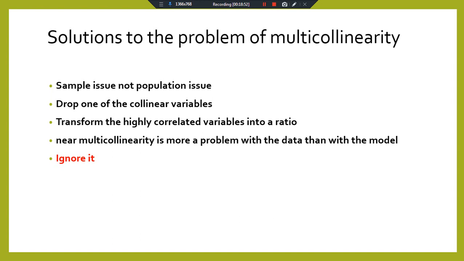So when we are using macroeconomic variables, a number of econometricians and statisticians suggest that we ignore the multicollinearity if it is not presenting a high correlation among the variables. So the best solution for macroeconomic variables is to ignore the multicollinearity.